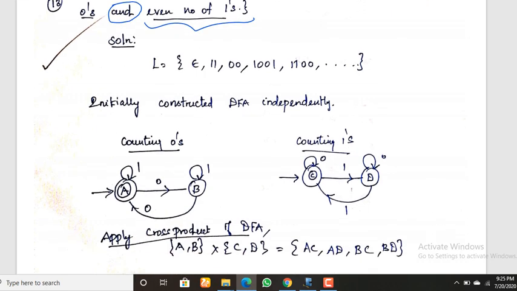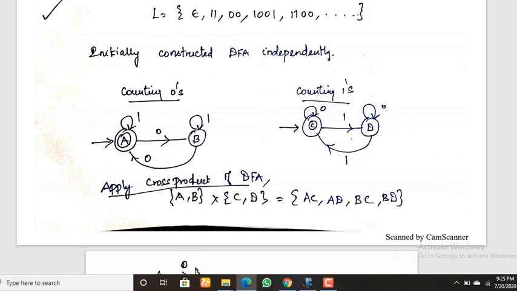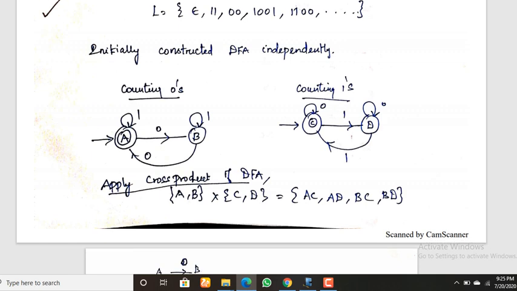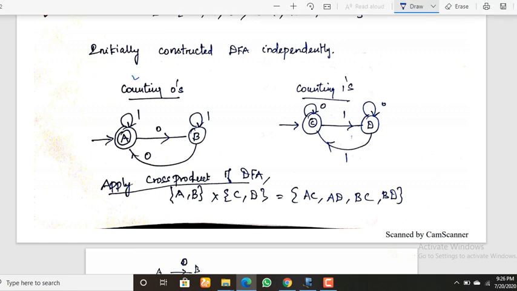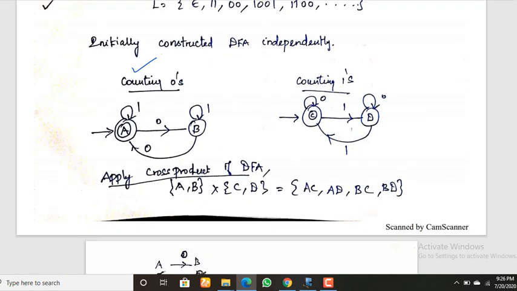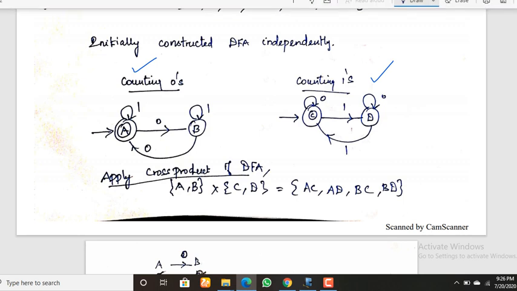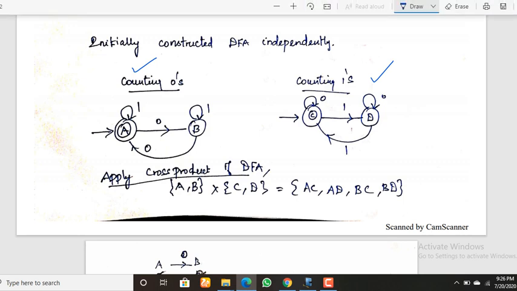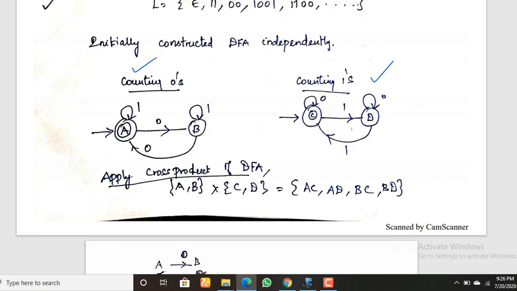So first I have to draw the DFA for even number of zeros, and second, I want to draw the DFA for even number of ones. Separately we have to draw the two cases. What's the first case? Even number of zeros. This is the DFA for even number of zeros.